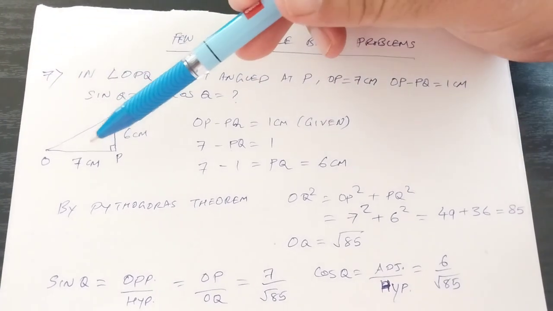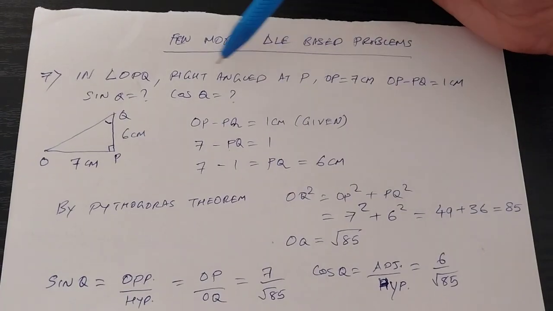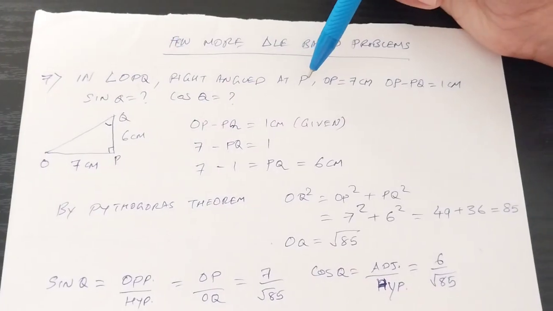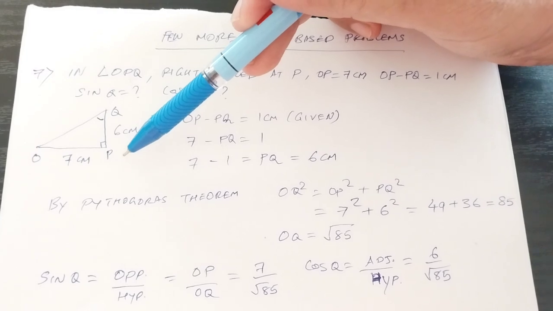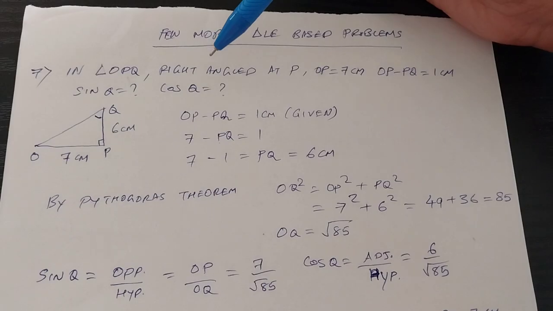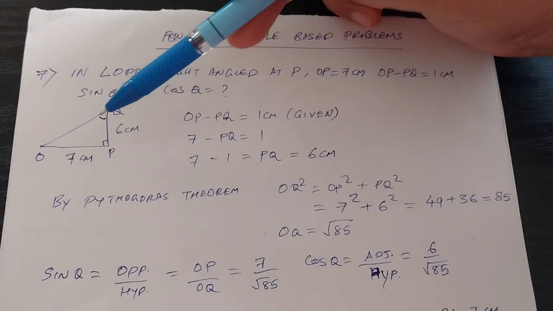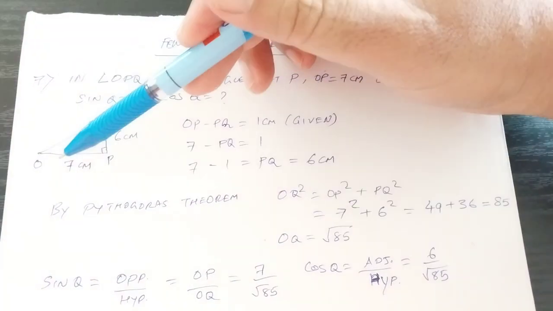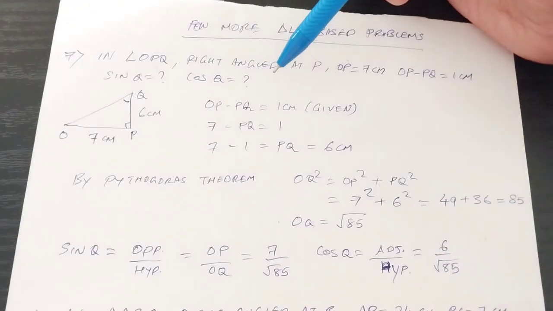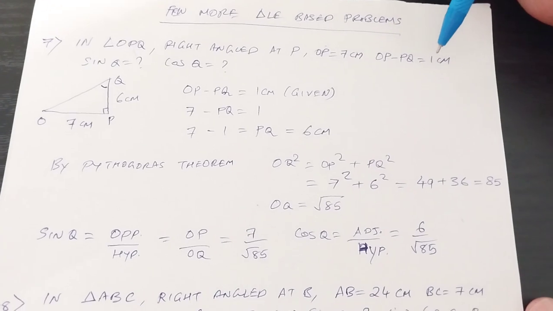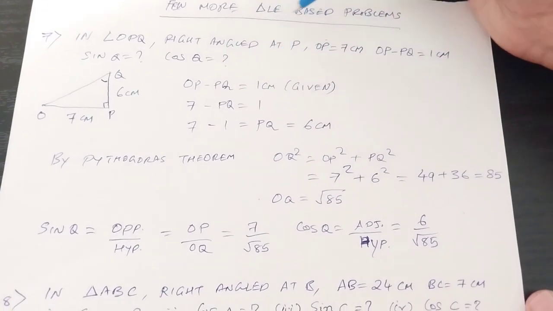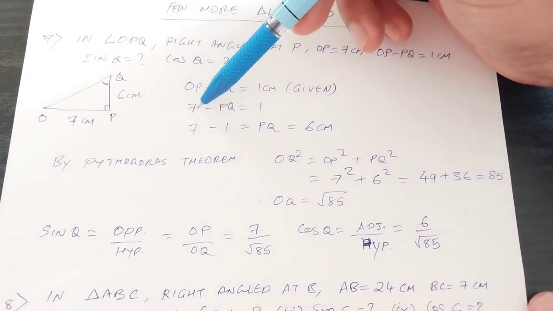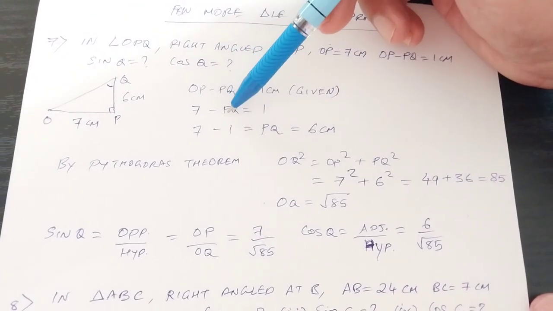Now if you draw this triangle OPQ, which is right angled at P, we can draw it like this: OPQ, right angled at P. You can see P is the right angle. It is given that OP is 7 centimeter, so I have put OP is 7 centimeter. Now they have also given OP minus PQ is equal to 1 centimeter. OP is 7 centimeter, so we have substituted that, and PQ is as is.